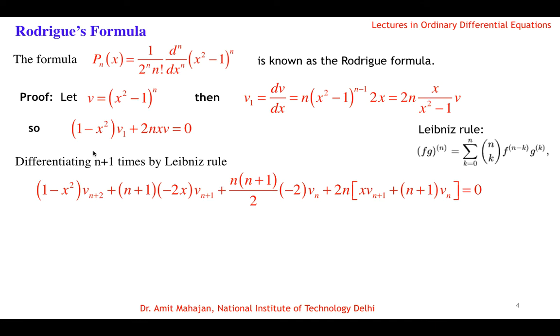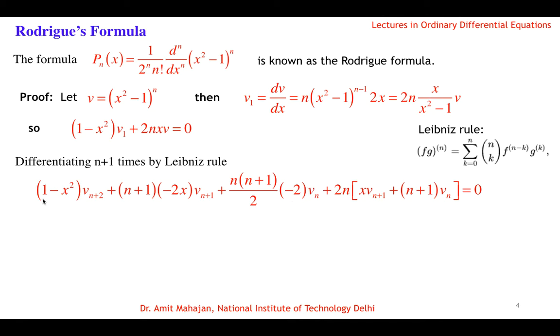Then plus (n+1)C2, which expands to (n+1)n over 2 factorial, so that gives n(n+1)/2, into the second derivative of this, which is minus 2, and the (n-1)th derivative, which is vn.